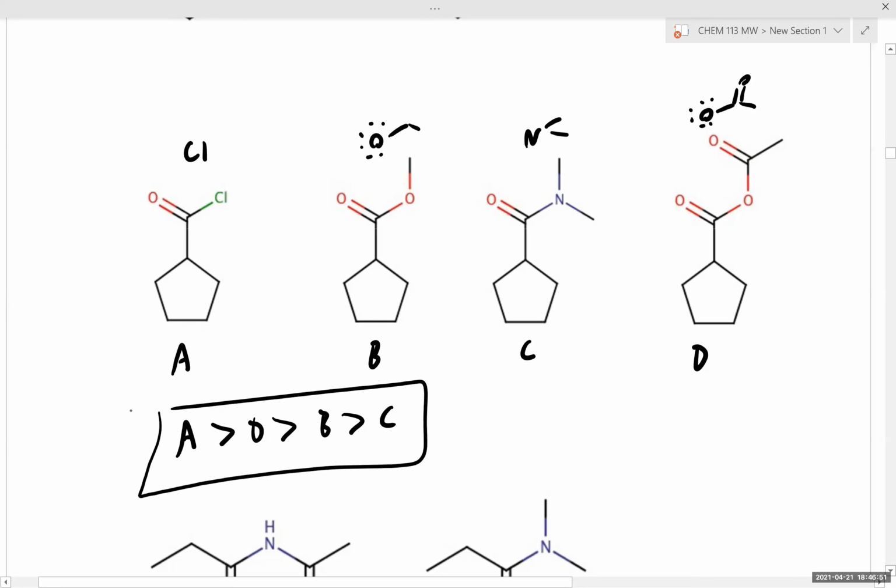So this proposed ranking of reactivity looks perfectly reasonable. Does this make sense to everyone? Does this idea of the relative reactivity of different carbonyl groups and carboxylic acid derivatives make sense?